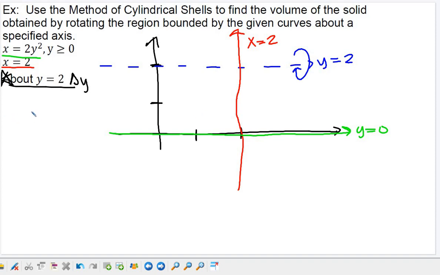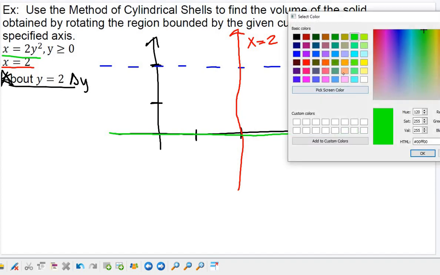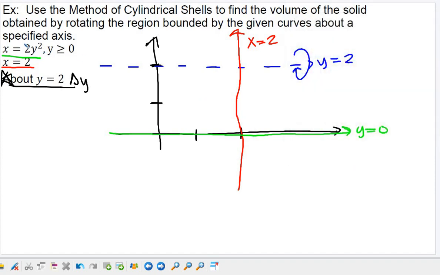Okay, so then I would see where it's at 0. So it obviously goes through 0, 0. And of course the next point I would figure out is how it crosses x equals 2. Not the y equals 2 because this is my axis of rotation.